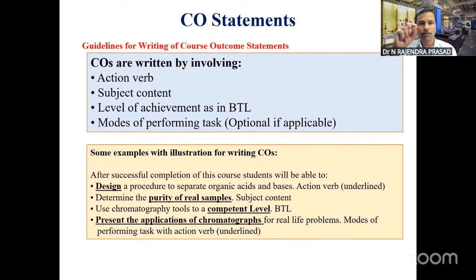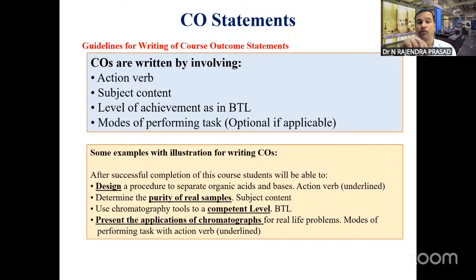How to write the CO? That is very important. Any CO you are writing should reflect the evolved competency in the student, the evolved attribute of the student. It should involve an action verb, meaning what the student is capable of doing, with the knowledge of the subject content.